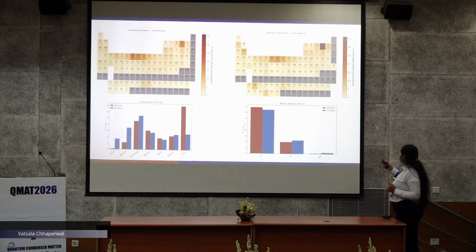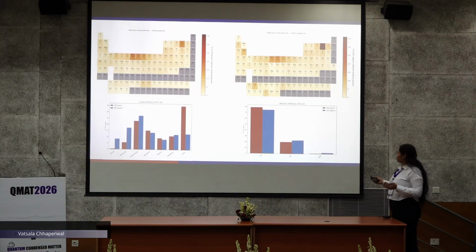For the crystal symmetries, for cubic the AHE positives are very high, showing that the simpler the crystal symmetry, the better the model was performing. Similarly for the ferromagnets, as we know, ferromagnets work very well for AHE. So that's what is shown.